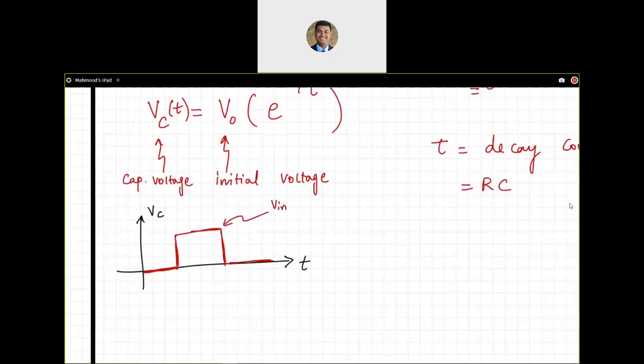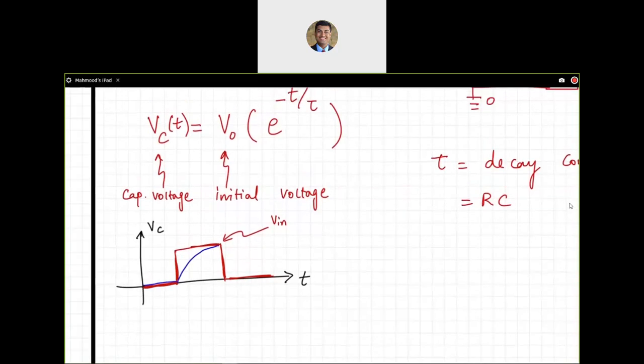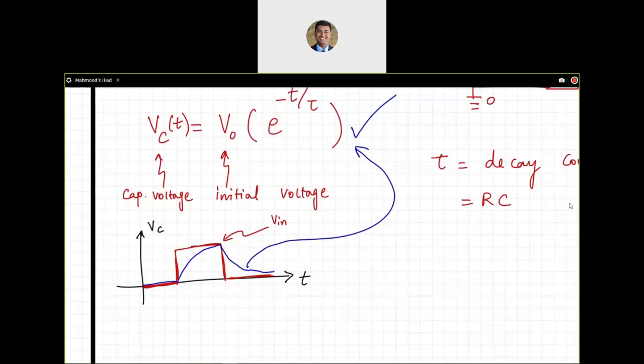What is going to happen to the output, which means the capacitor voltage? 0 to begin with, it's going to start charging here, and then the moment I make the input voltage 0, the capacitor is going to discharge based on that equation right there. So it's going to do this, exponentially discharging. So you have the charge cycle over here and the discharge cycle over here.